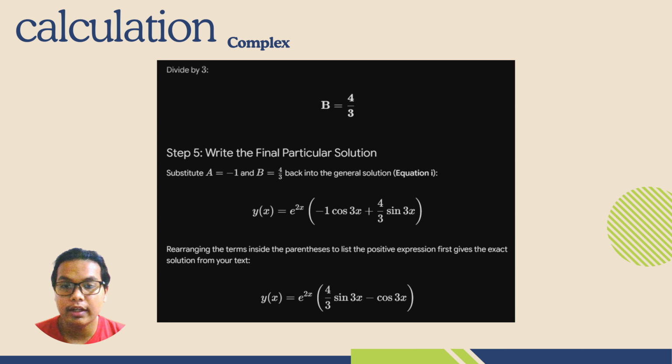So after that we will get 4 equals 3b, and from the equation we can find b, which is 4 over 3.